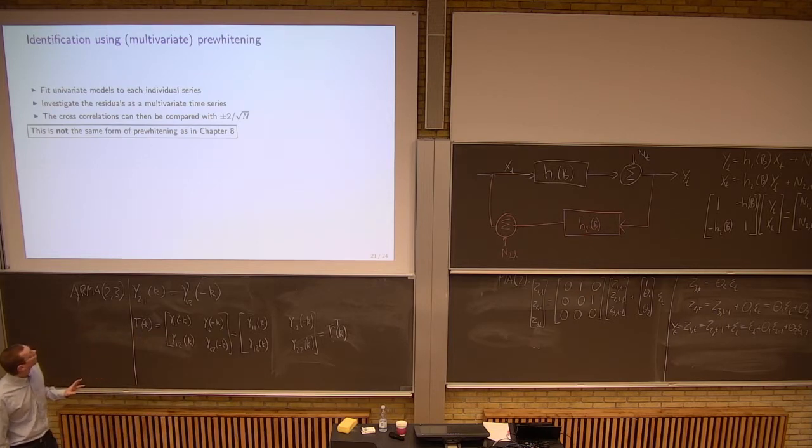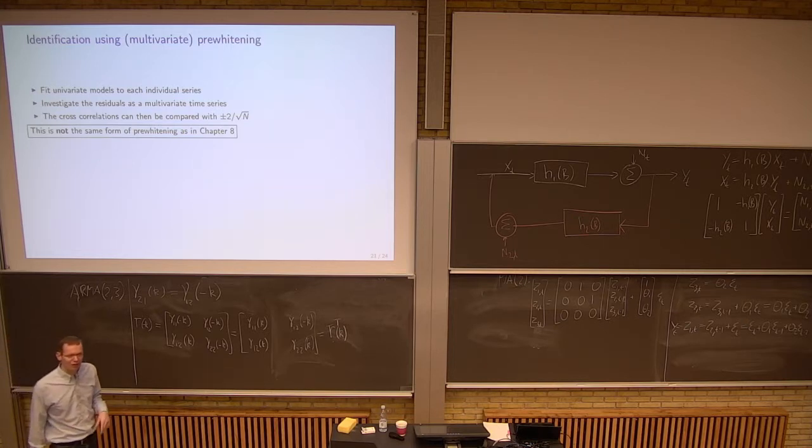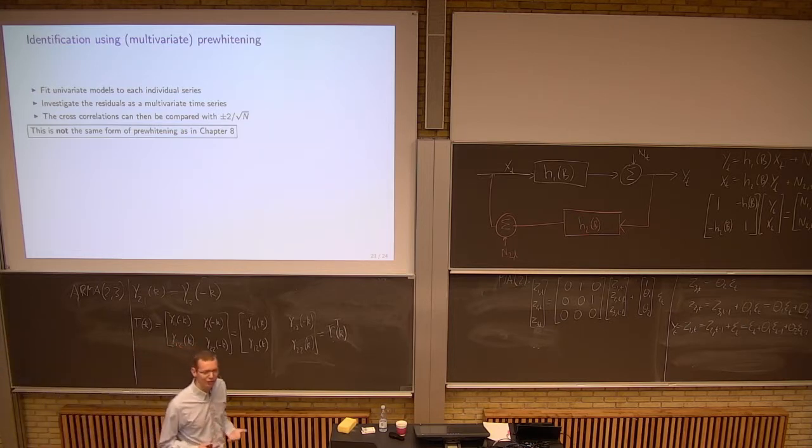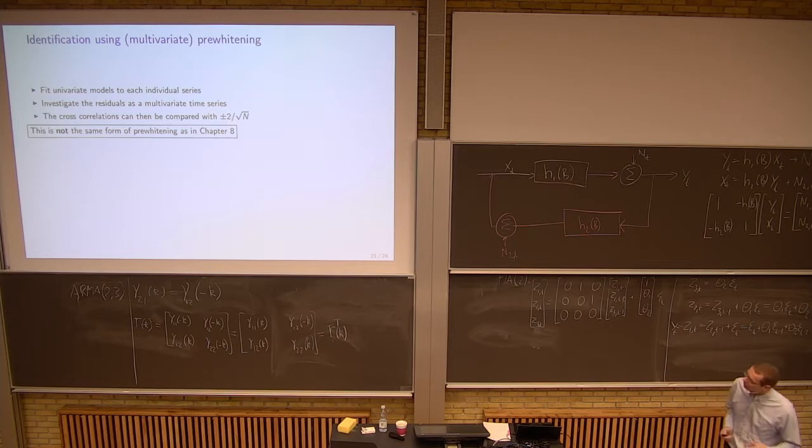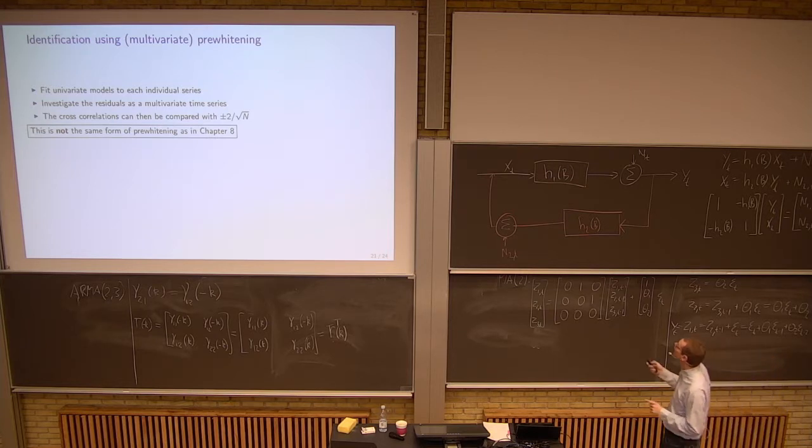Now, what we did last time was to do pre-whitening. When we look at models in a multivariate sense, we don't do it the exact same way to identify a model. One thing that can be done is that you take each of the series, in this case x_t and y_t, and fit individual univariate models to those. That you can do. It's just work.